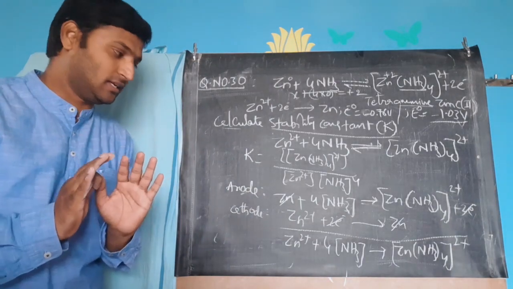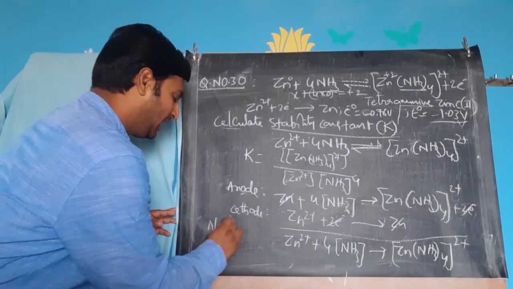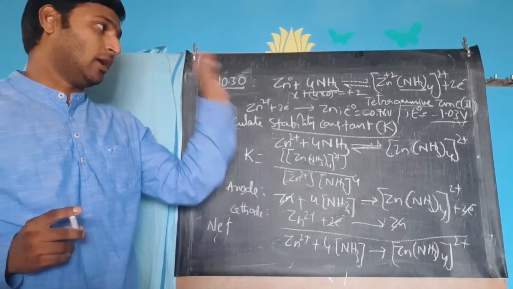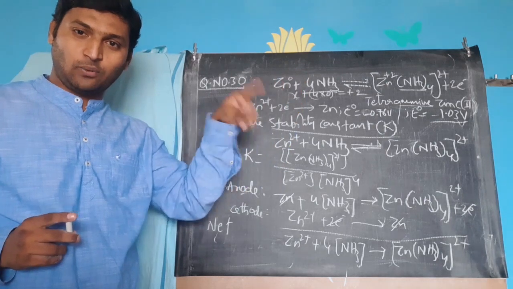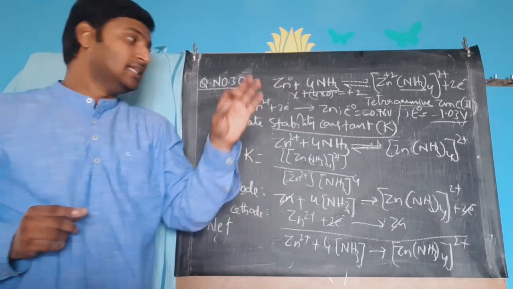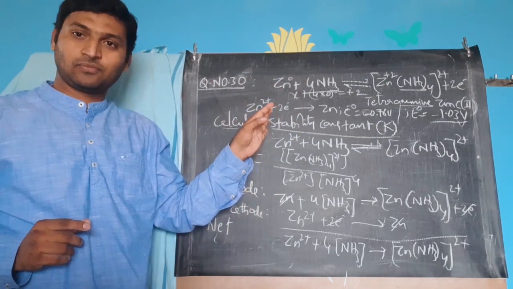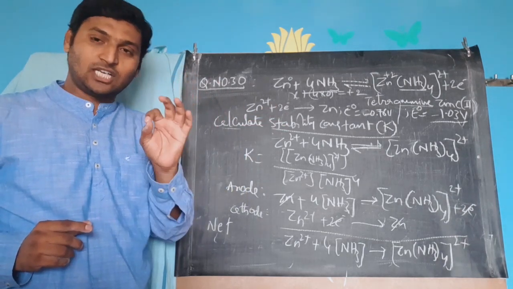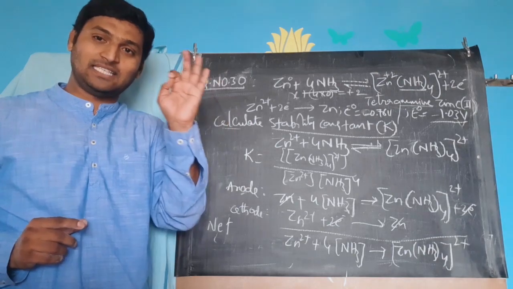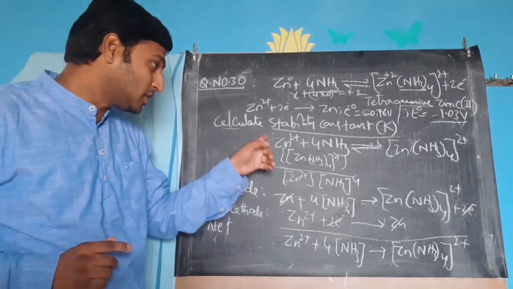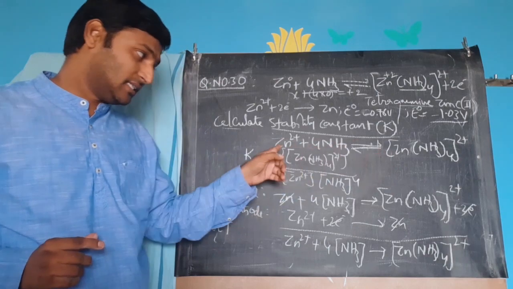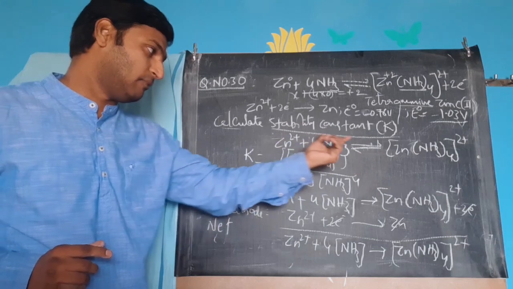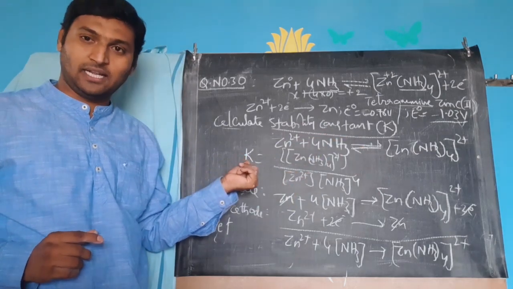Now you observe, children, this is going to be the net cell reaction for which I need to write the Nernst equation. So I might have to rub the board on the top. So I'll quickly revise what we have done so far. See, he wanted the stability constant. I have explained to you that for any reaction in which formation of a coordination complex is shown, the equilibrium constant written for that formation reaction is called its stability constant.